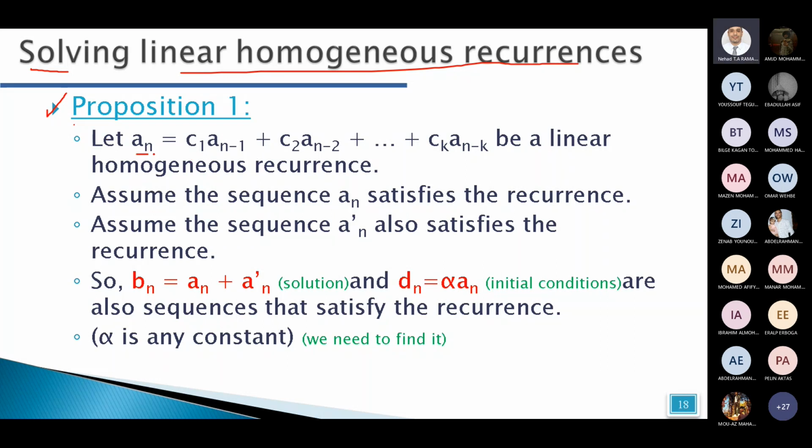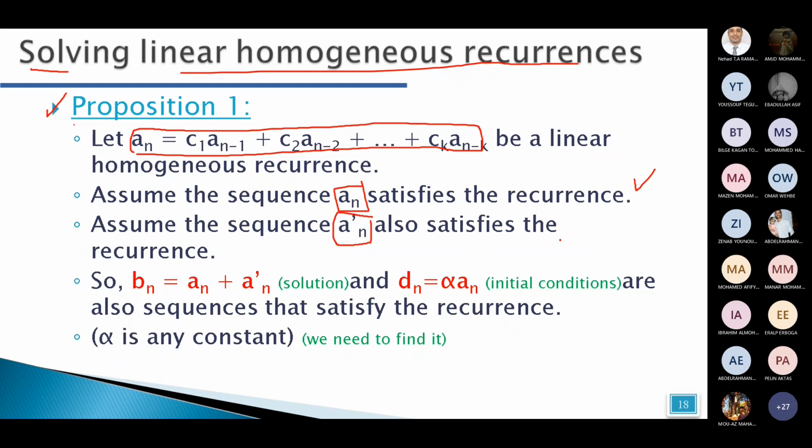It says that if we have this recurrence relation and it's a linear homogeneous recurrence relation, and if we find two solutions, a_n is the first solution, and a-prime_n, or any name, is the second solution. As I told you, for one recurrence relation we could have more than one solution.